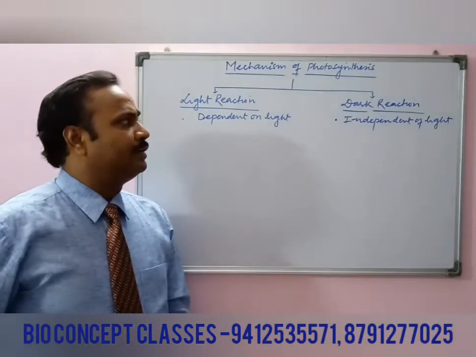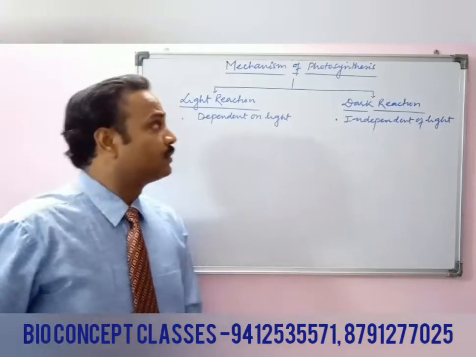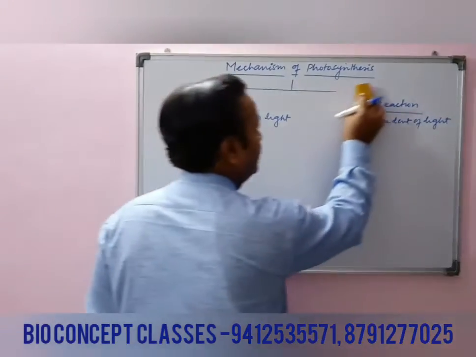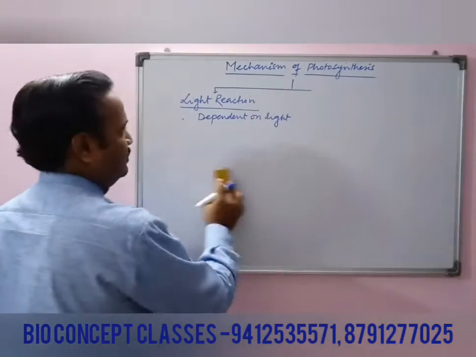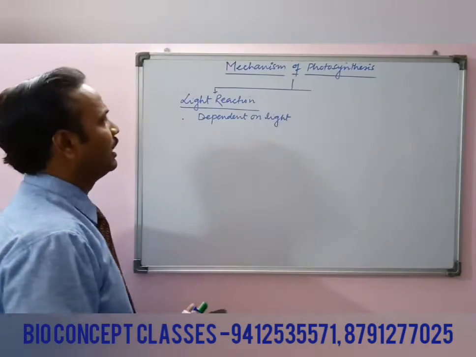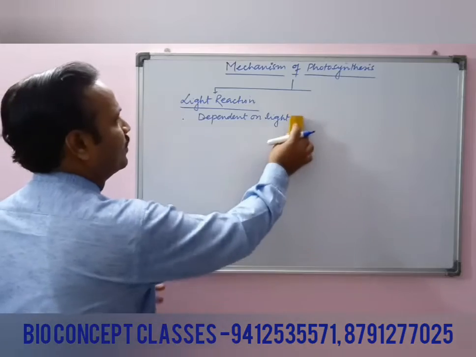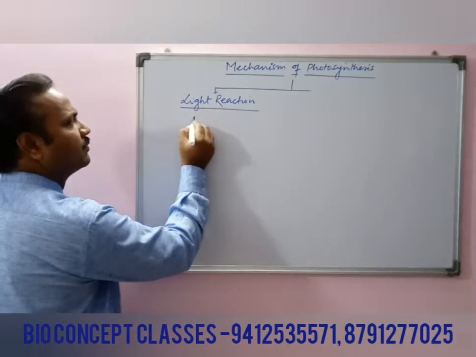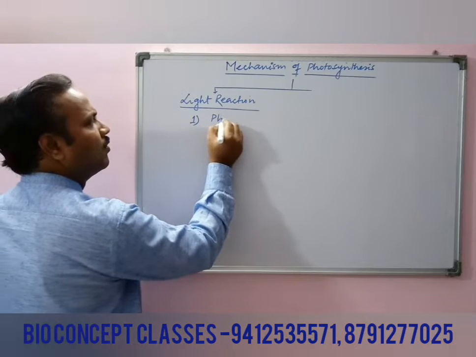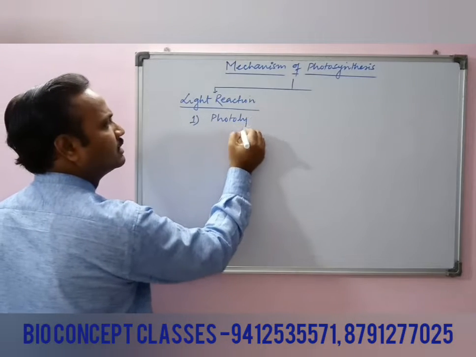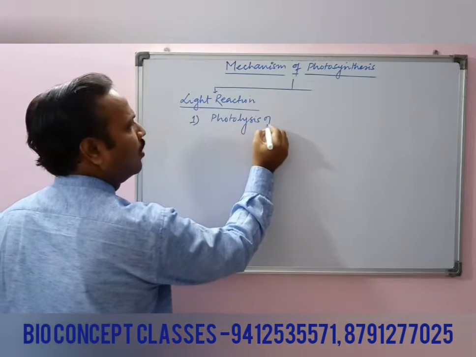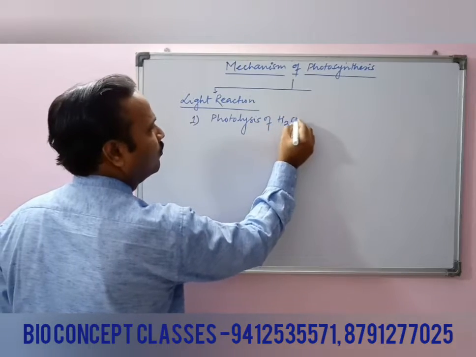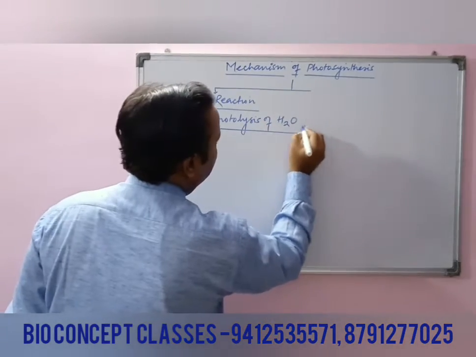As far as the light reaction is concerned, there are 4 steps in the light reaction. Number 1 is photolysis of water.